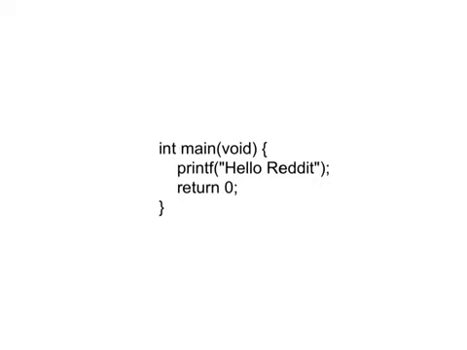Lastly, the void inside of the parentheses says that we are not sending any additional information to the program. So in the example I showed you where a web browser program might allow you to send a URL, then you would not put void here because it would take arguments, but I'll explain exactly how that works later.